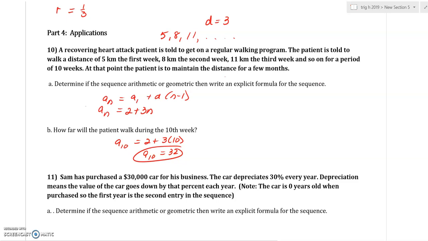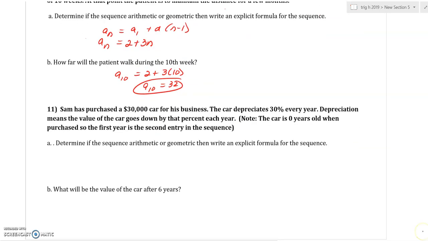Last example. Okay, so I'll pause the video and go ahead and generate some terms. Okay, so did you realize that if your car is depreciating by 30% every year, that means that every year 70% of the value is coming back.